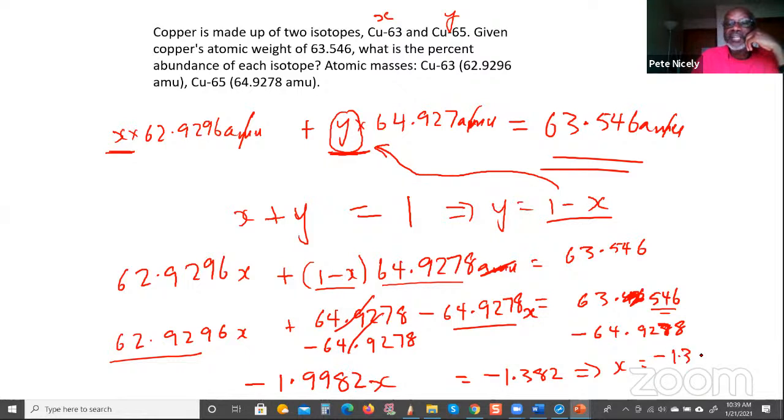All right. So this means that x will be equal to minus 1.382 divided by minus 1.9982. According to my calculations, when I round this off to 4 sig figs, I'm going to get 0.6916.